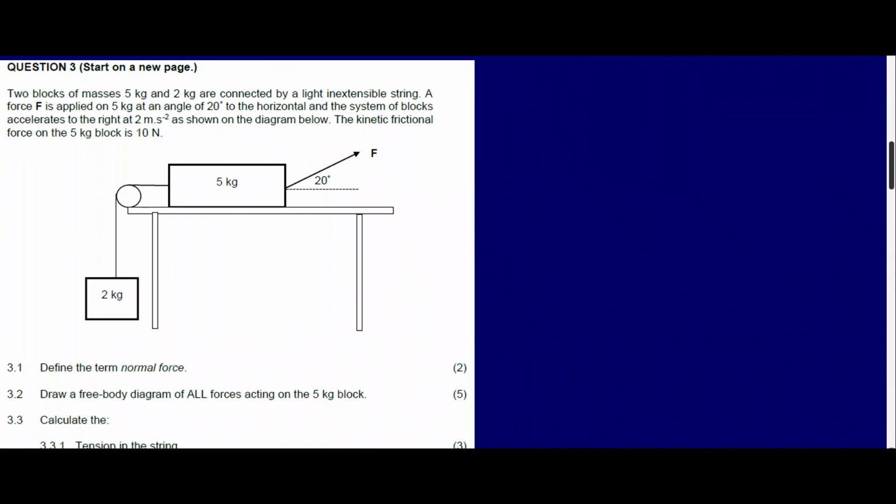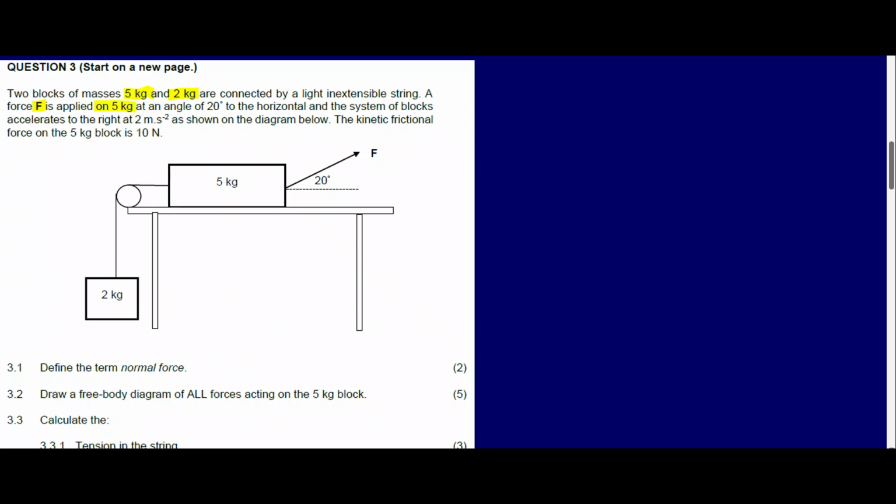And I think I will now go to the next part of the problem. So now we have these things on a different surface, so we can still apply the same ideas. Two blocks of masses 5 kg and 2 kg are connected by a light inextensible string.